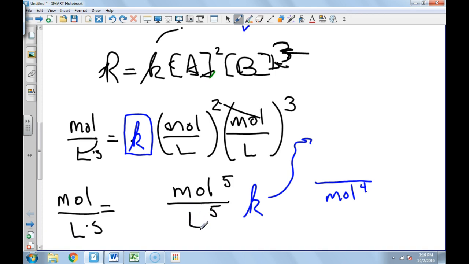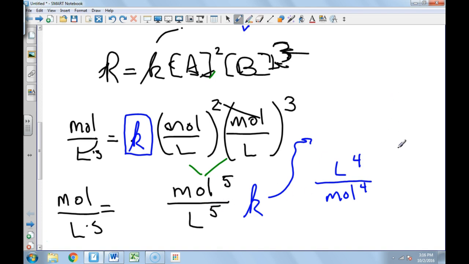We want to keep 1, but we want to cancel out 4 of them. Liters are on the bottom when we combine that, so in order to cancel liters when they're on the bottom, we need to put it on the top. So now this is moles per liter, because we've canceled out all but one of the moles and all but one of the liters.